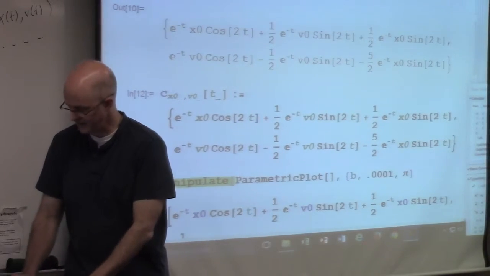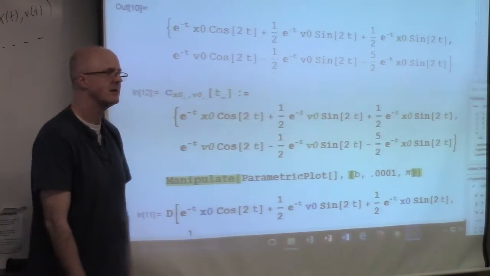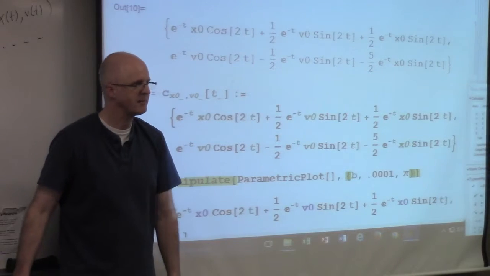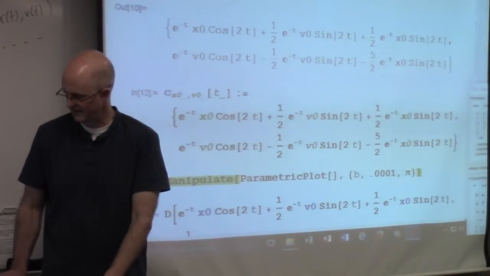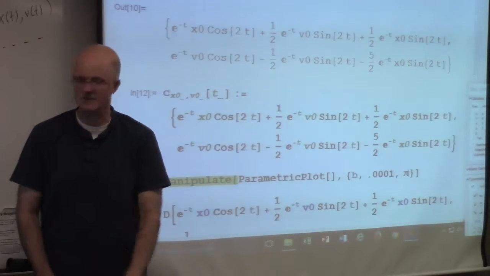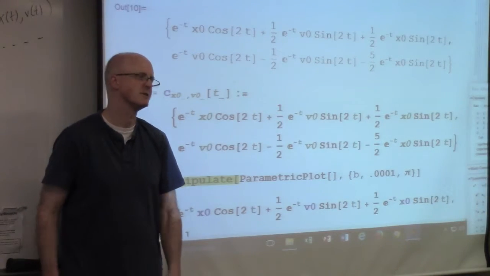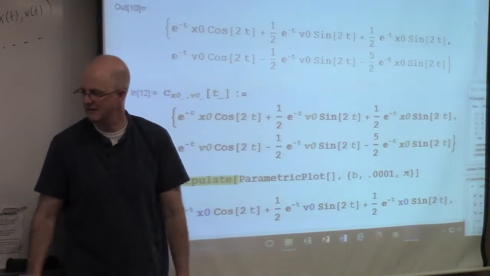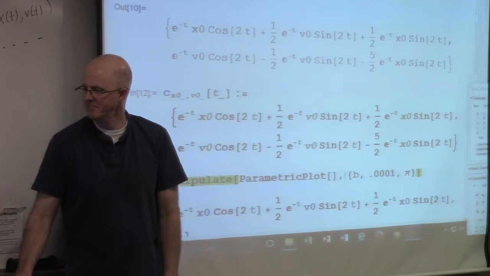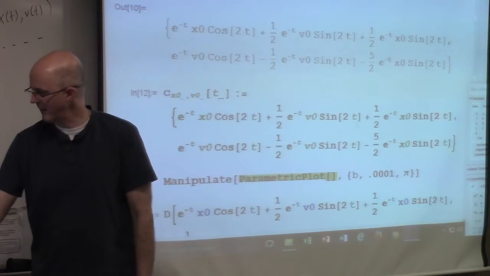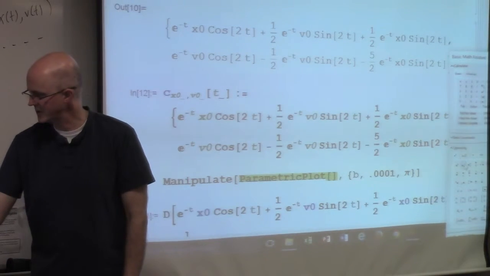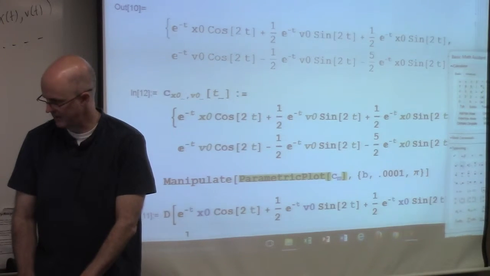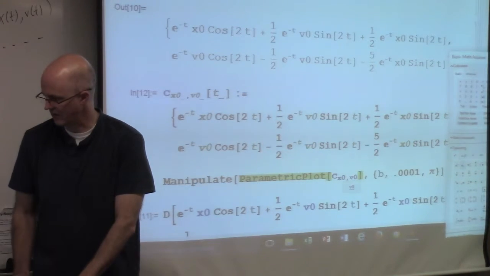So if I go to pi, that should be good enough. I'll show you how to make pi before. I think so. Escape P escape makes it pi. You can also do capital P, lowercase i. Then I'm plotting this parametric curve, c sub x0 comma v0.